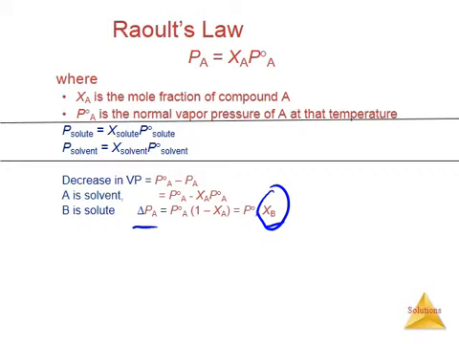As I increase the number of solute particles, this mole fraction, the number of moles of solute divided by the total number of moles of solute plus solvent, increases. So as the mole fraction of solute is increased, as you can see, the decrease in pressure is also going to be quite substantial.